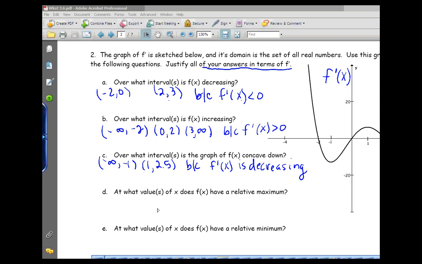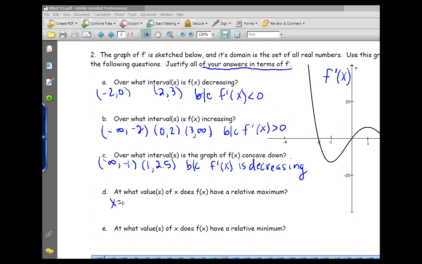All right, where does f of x have a relative maximum? Okay, it's where what equals 0? Okay, I'm hearing where the slope equals 0. The slope of what? The slope of f, the slope of f prime. Okay, it's where f prime equals 0.